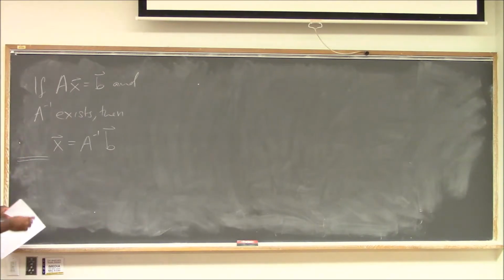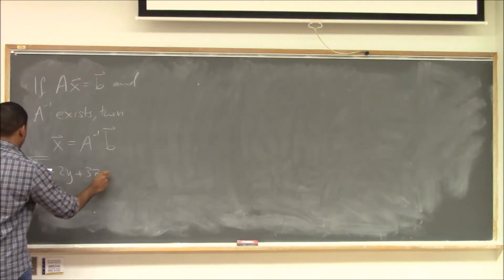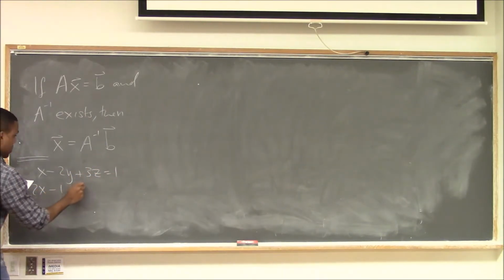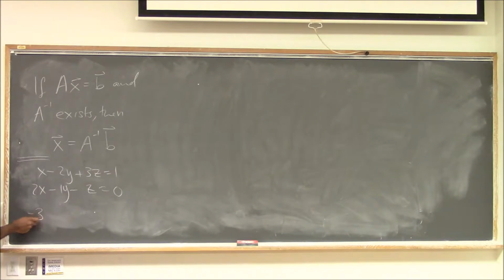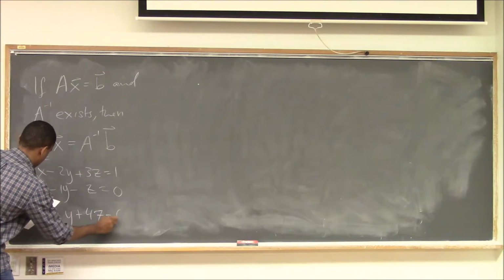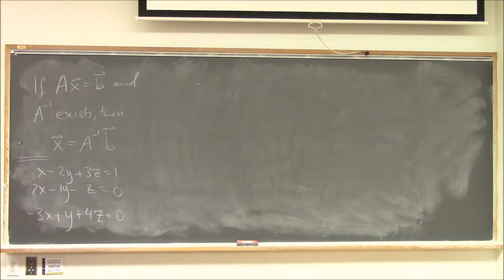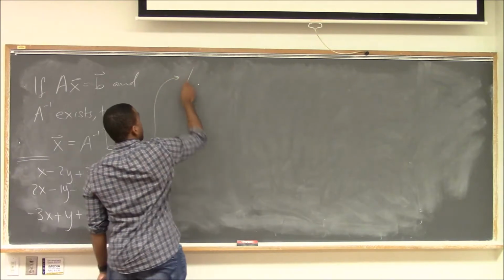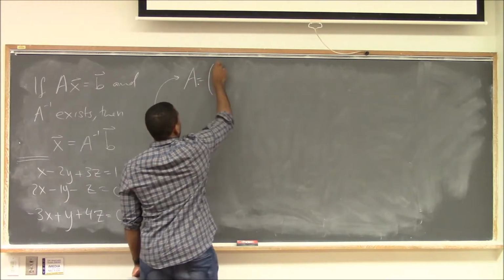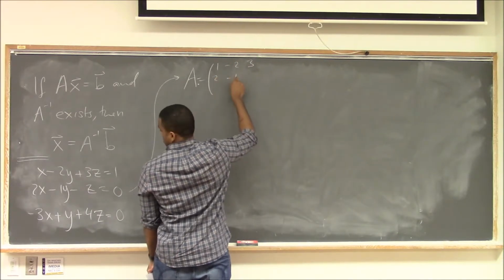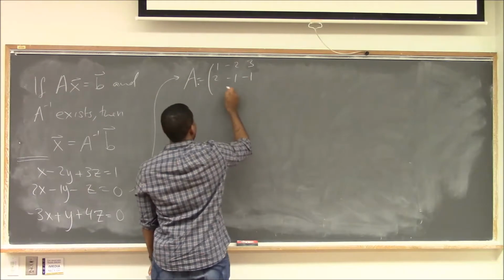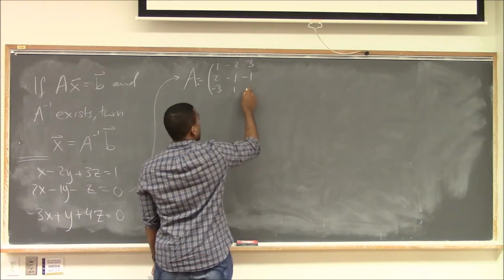So we were looking at this system. Let's do a quick look at it just in case. And so the coefficient matrix of this system was A is equal to 1, minus 2, 3, 2, minus 1, minus 1, minus 3, 1, 4.